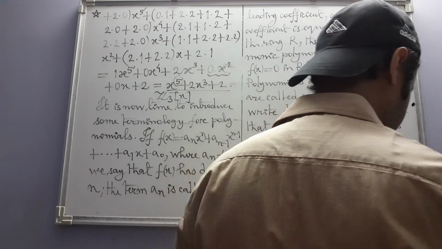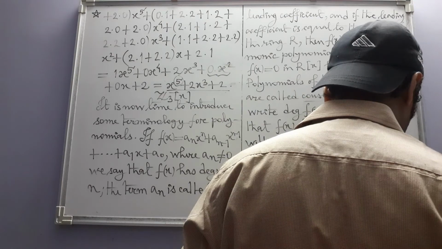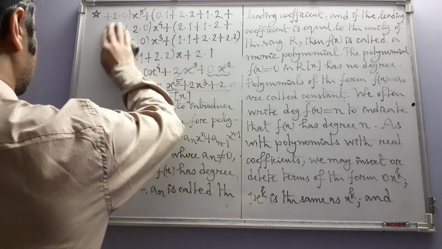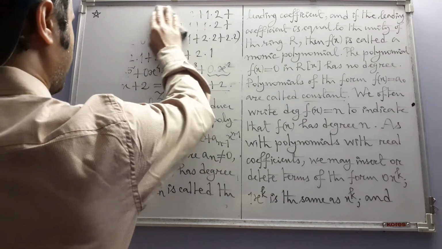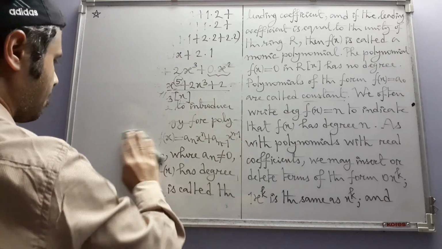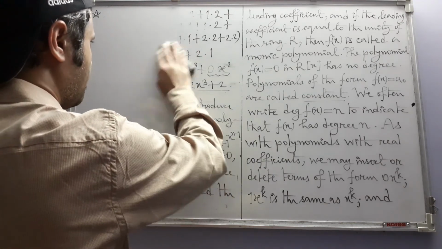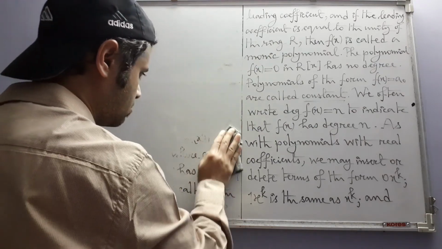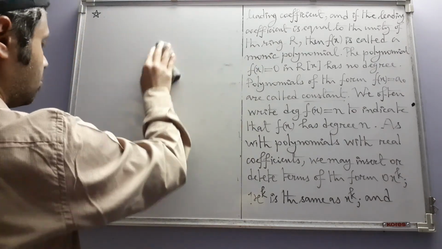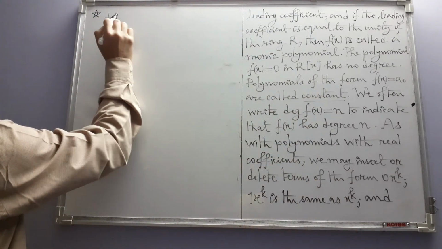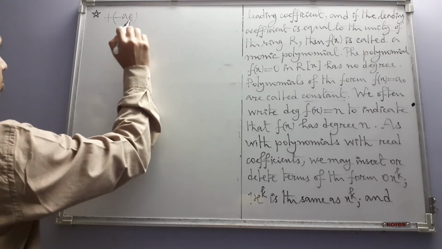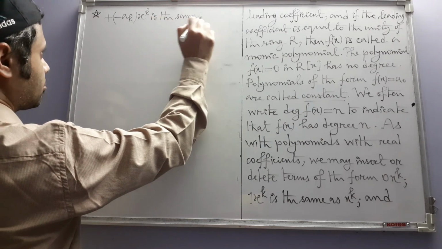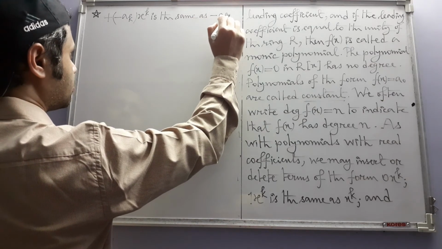And plus minus ak times x to the power k is the same as minus ak x to the power k.